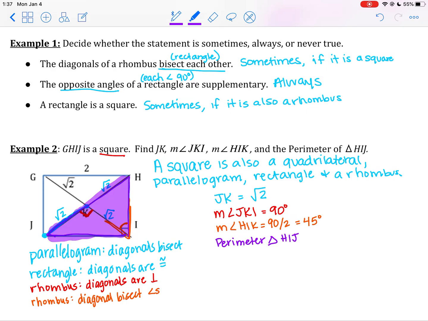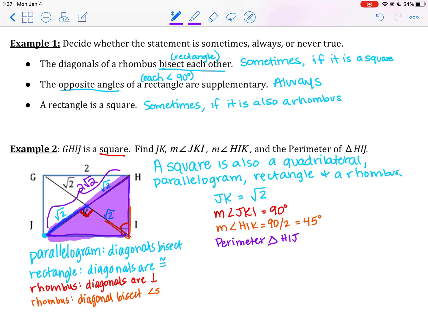But first off, let's just focus in on this triangle. So I can figure out what this entire length based on the diagonal is by adding those together. So the square root of 2 plus the square root of 2. Our radicals work a lot like variables. So that's kind of like what our variable would be. And there are 2 of them.